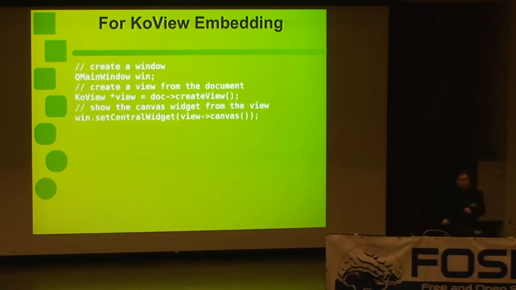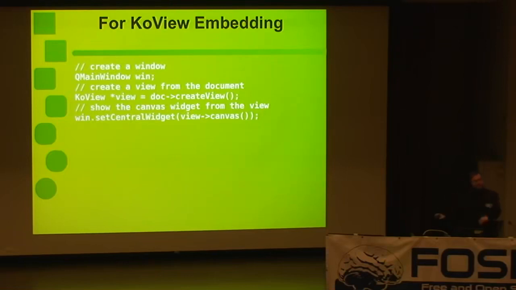If you want a view instead, and you've got your loaded document, then you tell your document, create a view. And then you've got a widget, a KoView is a QWidget, which for now is invisible. You also need a Qt main window, or a KMainWindow, or an MMainWindow, depending on the particular variety of platform you're using.